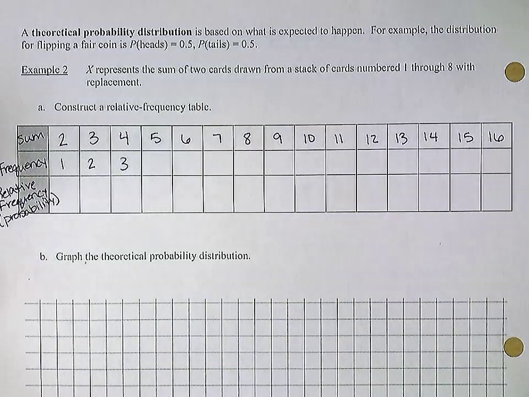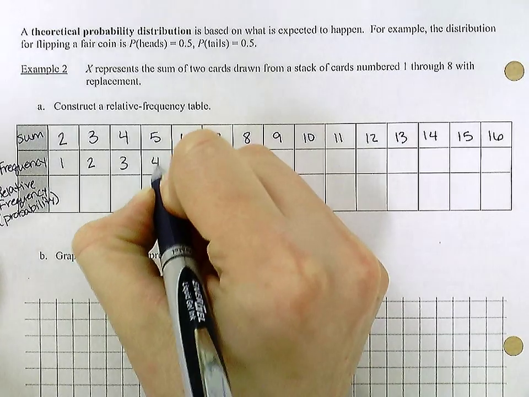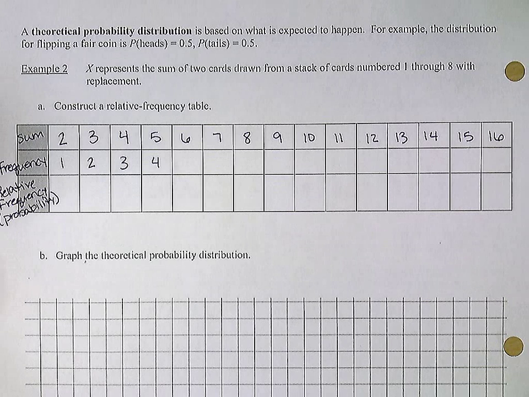So this one would be 3. Let me guess, 4. It is 4. Oh boy. Okay, so to get a 5, I could do 1 and 4, 4 and 1, 2 and 3, or 3 and 2. Okay, so there's 4 ways.